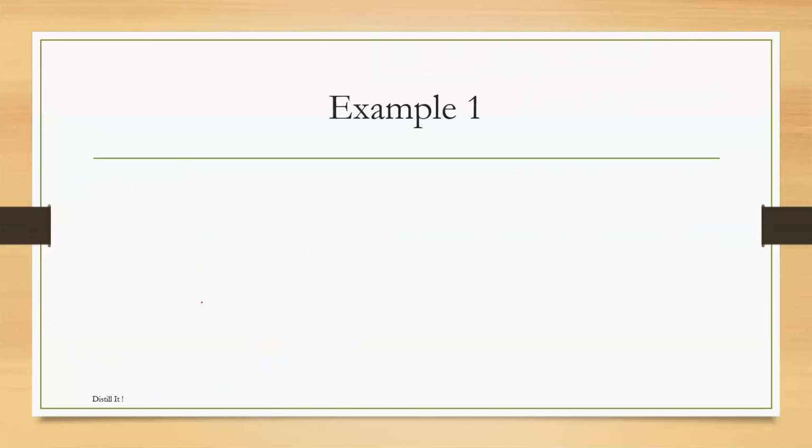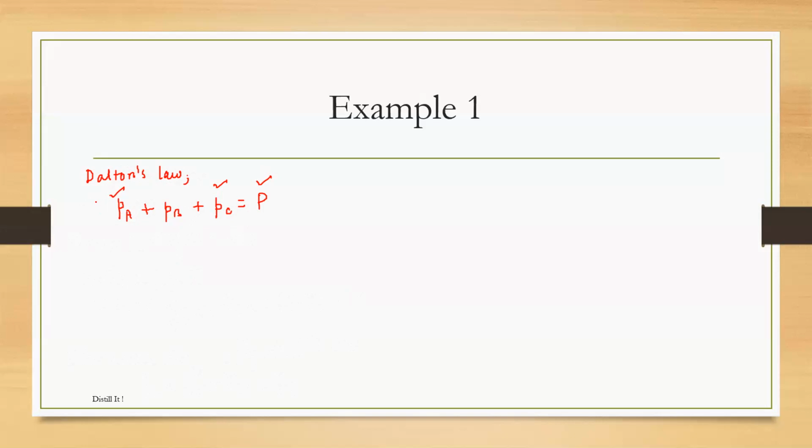Then we apply Dalton's law. By Dalton's law, PA plus PB plus PC is equal to the total pressure. We have the total pressure, and we have just calculated PC and PA.